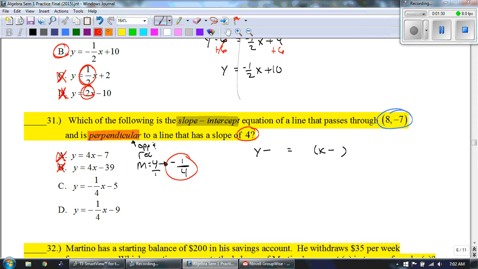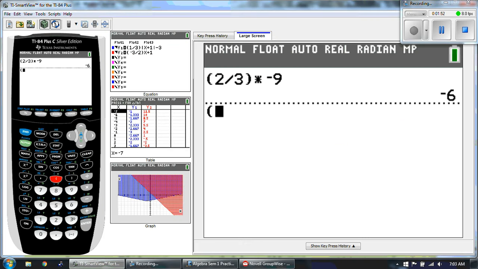And what we do now is point slope. So I plug in -1/4, and then I'm using my point. The y goes with the y, and the x goes with the x. And then we solve. So we get y plus 7 equals -1/4 x, and then we have -1/4 times -8.